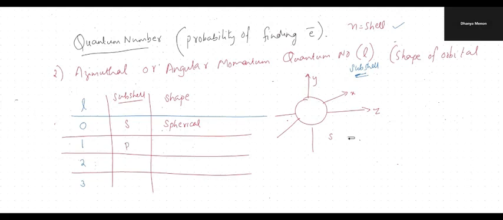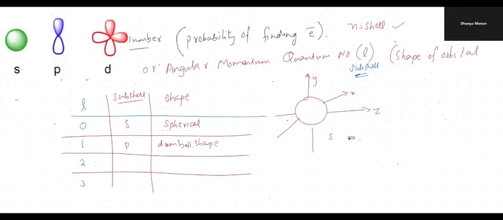And p has a dumbbell shape. The dumbbell shape, just like this. This is for p. So if I represent it along the axis, it will be like this.